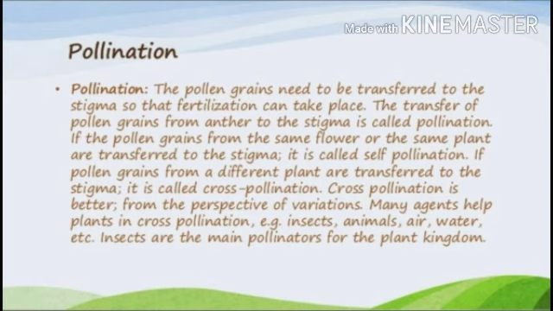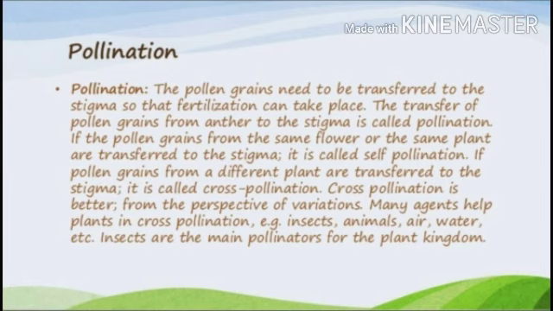There are two types of pollination, self-pollination and cross-pollination. If the pollen grains from the same flower or the same plant are transferred to the stigma, it is called self-pollination. And if the pollen grains from a different plant are transferred to the stigma, that is called cross-pollination.